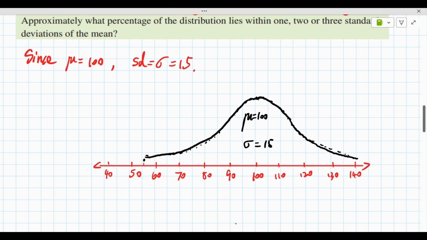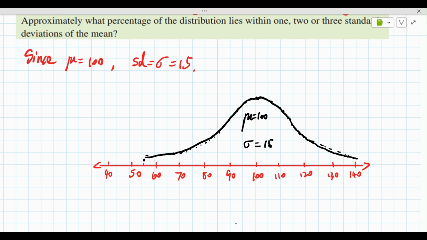So what we know is the standard deviation is 15 and the mean is 100. So we can separate them, using a symmetric distribution, to say the total area under the curve is 100%.